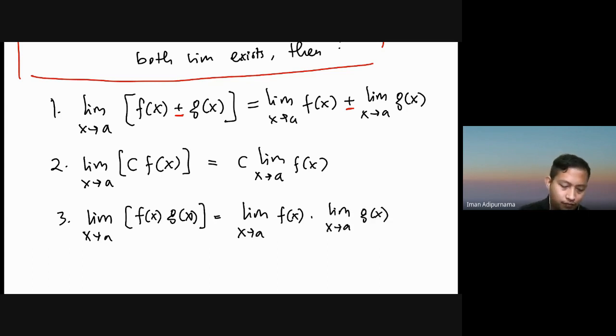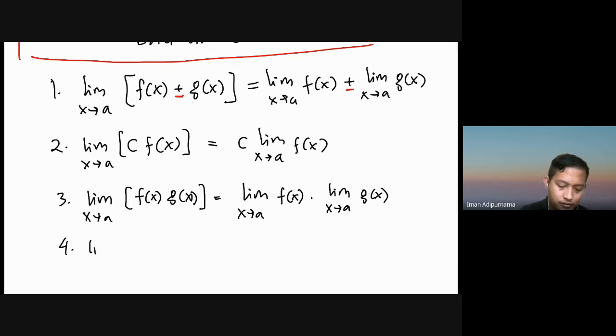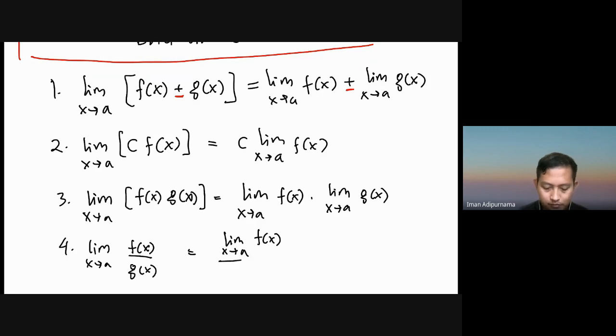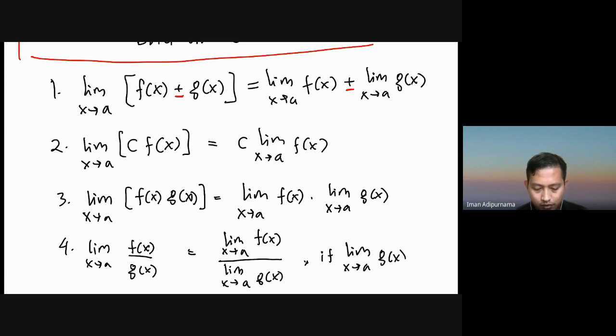And you have the quotient, and this should be true if the limit of the denominator should not be equal to 0, right?